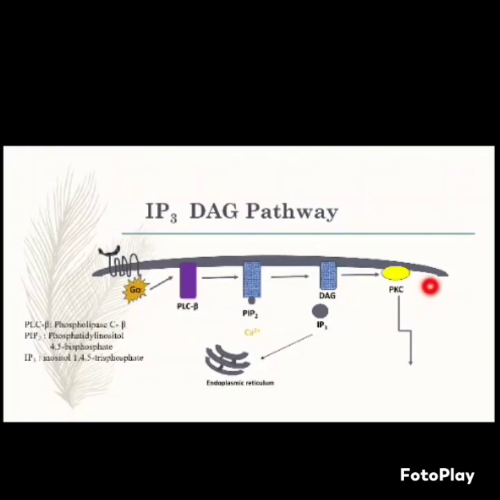Basically, this IP3 signaling pathway activates the MAP kinase pathway, and also this IP3 DAG pathway activates our general transcription factors, like FOS, JUN, etc. And if we talk about the cellular effects of this IP3 DAG pathway, they are cellular proliferation as well as apoptosis of the endometrium during menstruation.